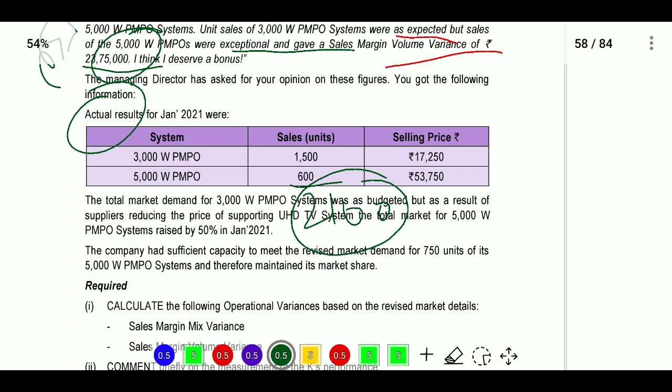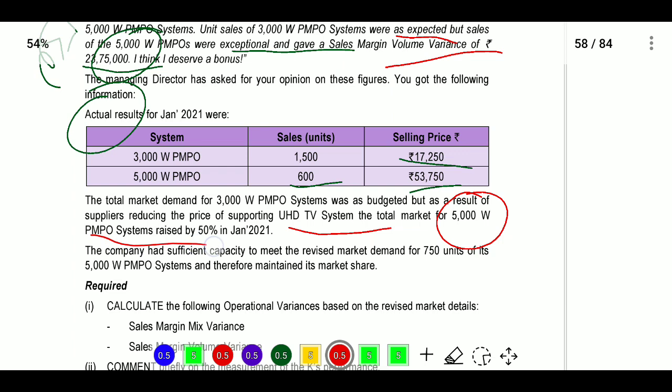For this budgeted quantity, 17,250 will be provided and 53,750 was provided. Next, the total market demand of the 3000 WPMPO system was budgeted, but as a result of the supplier reducing the price of the supporting HD TV system, the total market for the 5000 WPMPO system was raised by 50%.